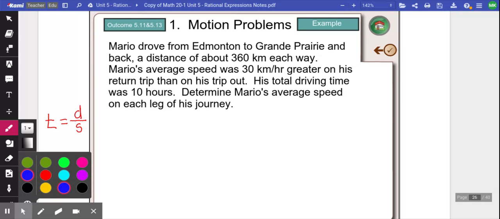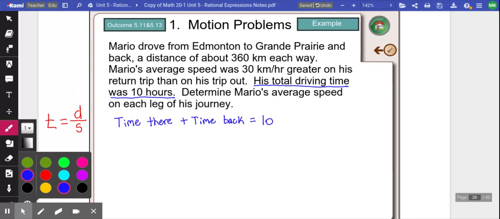So when you read this question, it said his total driving time was 10 hours. That means if you took his time there plus his time back, it would equal 10 hours.